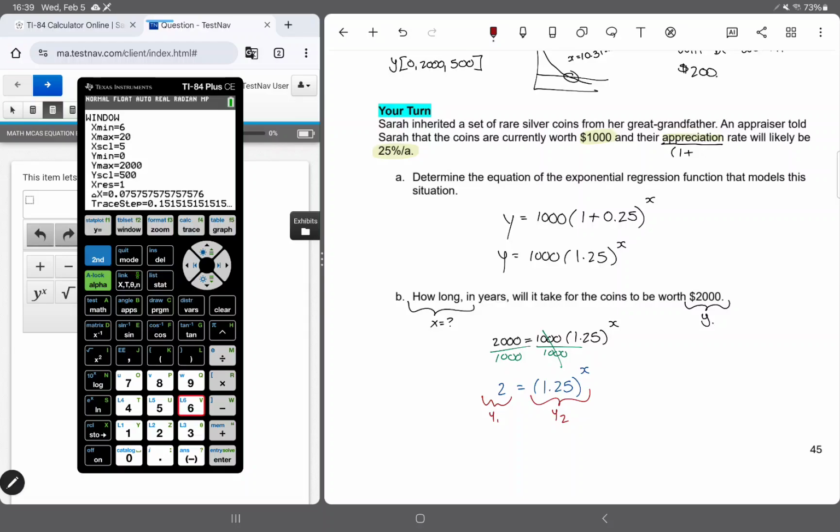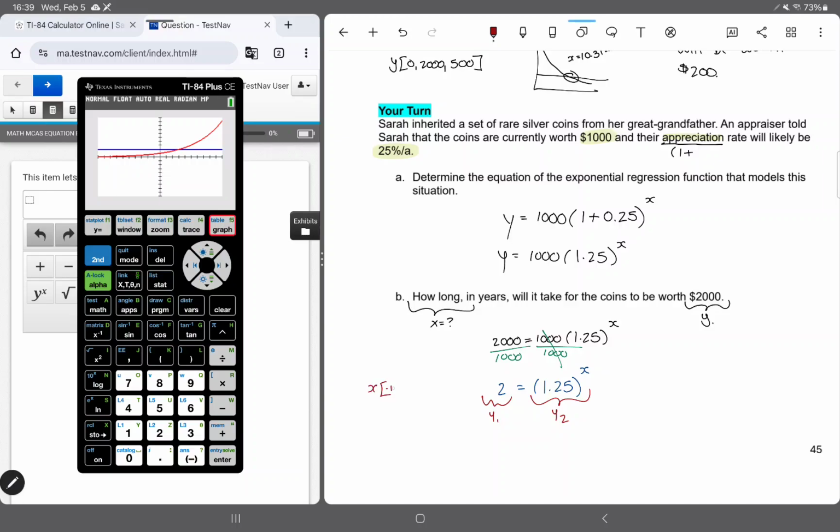So I'm going to just reset my windows because I've been having some wonky windows. So now my y1 is 2, and my y2 is 1.25 to the power of x. See, I didn't even have to change my windows because I simplified it down.